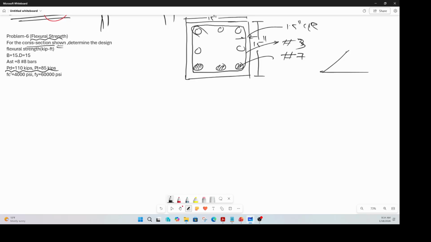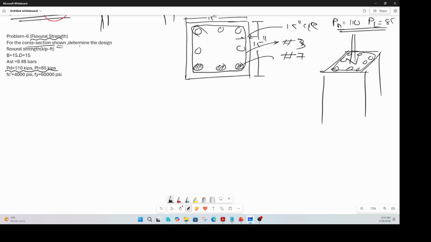So in other words, here is the column, here is our longitudinal reinforcement, here is our stirrup, and there is an axial load. The axial load is made up of a dead and a live component. The dead component is 110 and the live component is 85 kips. What are we asked?